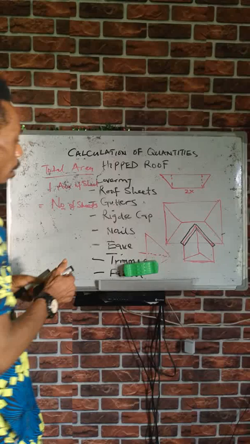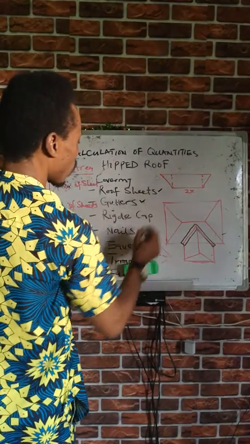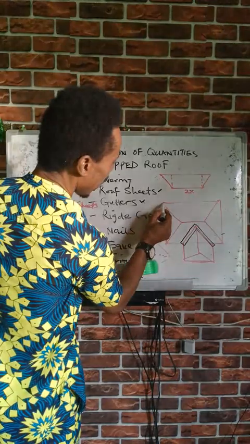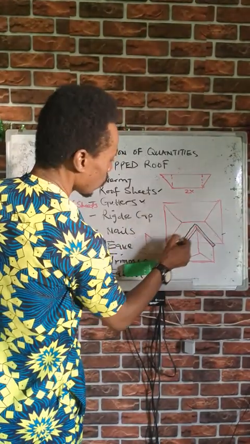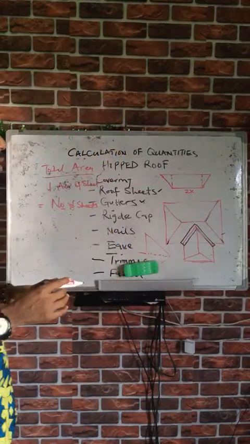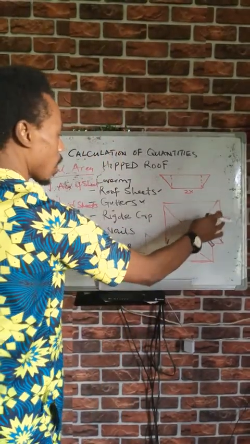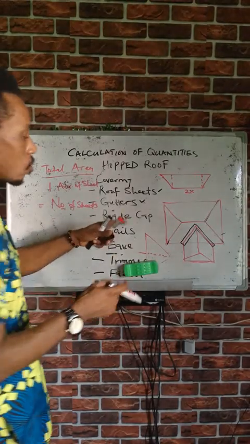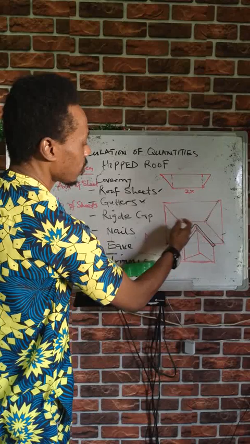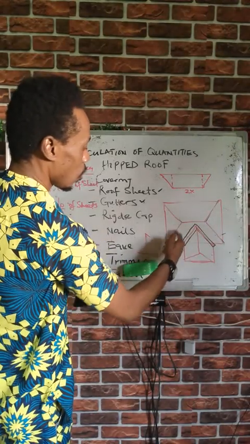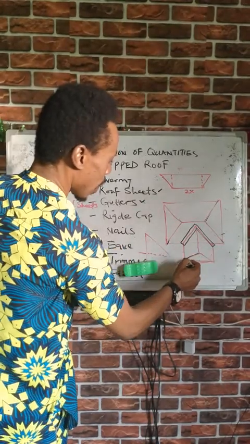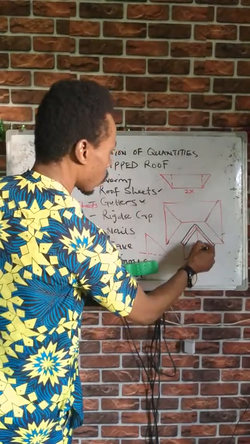Now for your ridge cap, the length you get from here, this way, this way, this way, this way becomes the total length. If you scaled the drawing, you can use your scale rule to add up all these lengths, all these parts where the ridge cap runs.